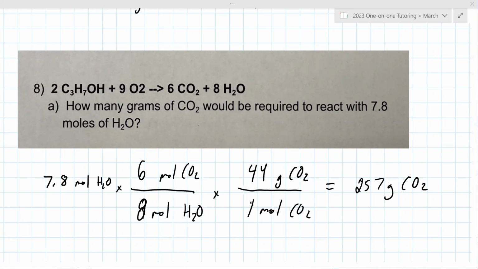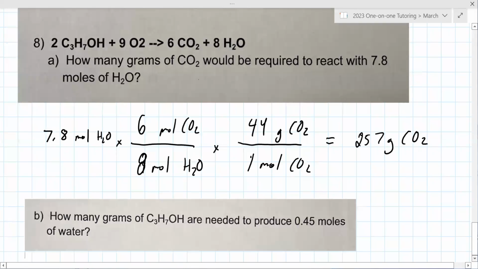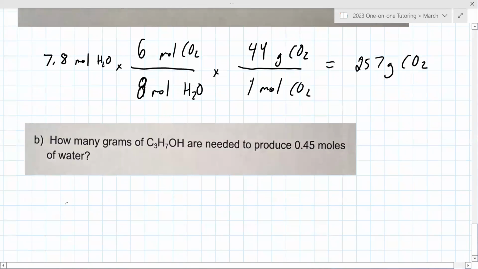And then for B, how many grams of C3H7OH are needed to produce 0.45 moles of water? So we have the moles already. So we'd go straight to the coefficients.